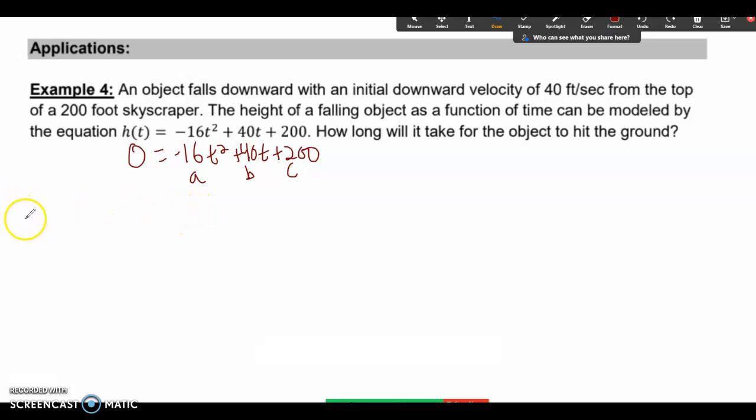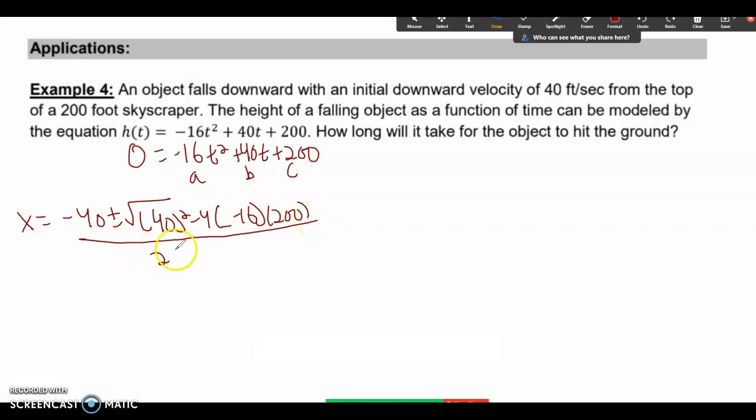You can factor it if you want to, or you can just jump into x equals negative b plus or minus the square root of b squared minus 4ac all over 2a.